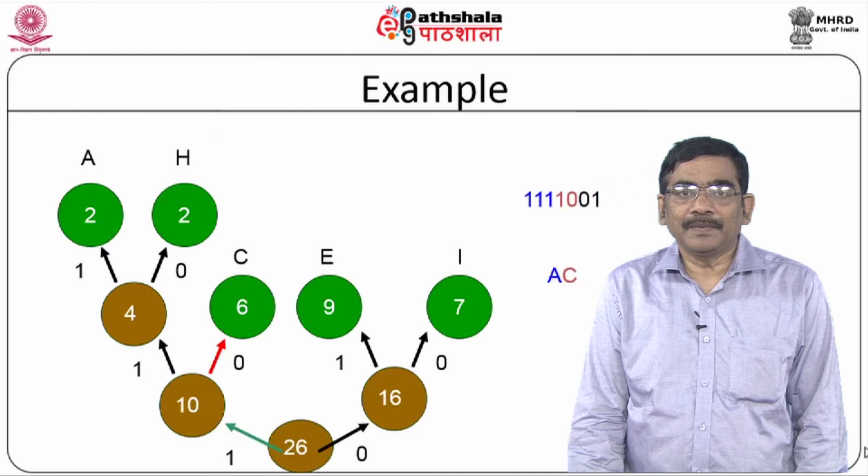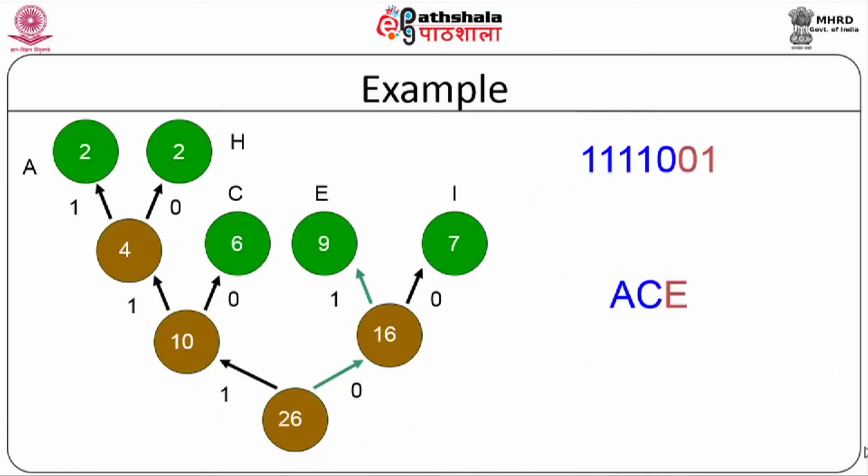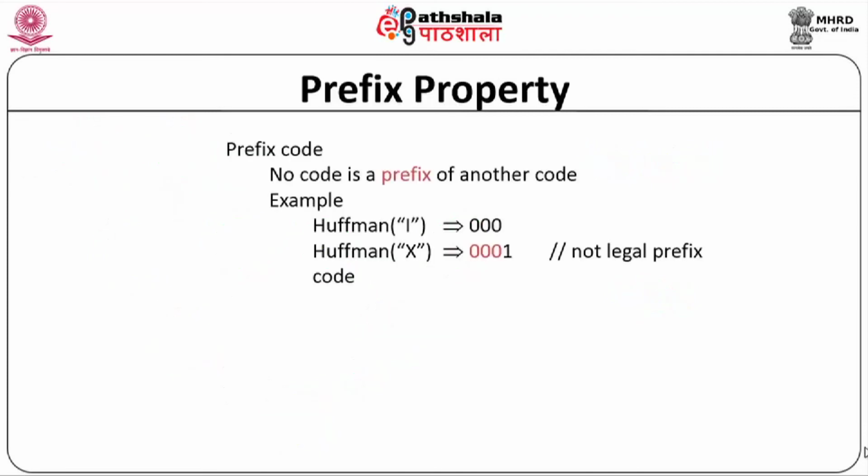So, that is going to be your C. Next is 0 and 1, that is going to be E. So, now you can see that ACE is received exactly as we have transmitted, and there is no information loss. This is the beauty of the Huffman code.